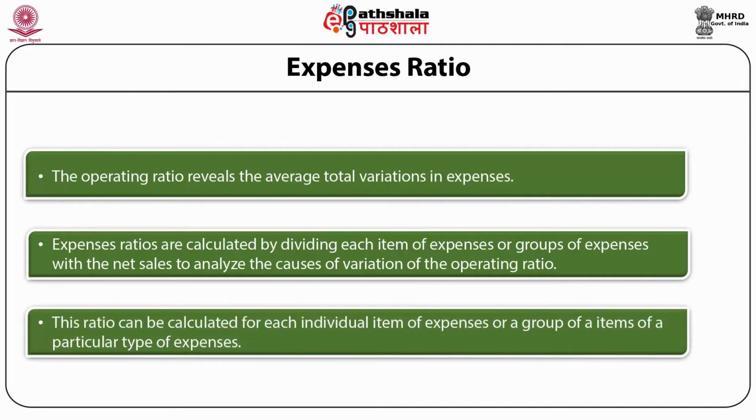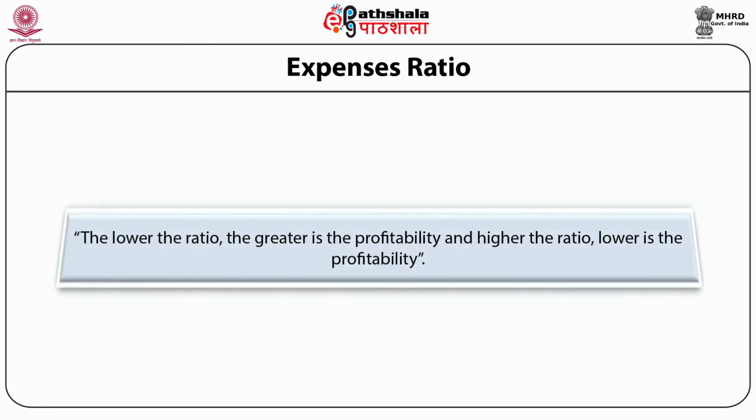This ratio can be calculated for each individual item of expenses or a group of items of a particular type of expenses. The lower the ratio, the greater is the profitability, and higher the ratio, lower is the profitability.